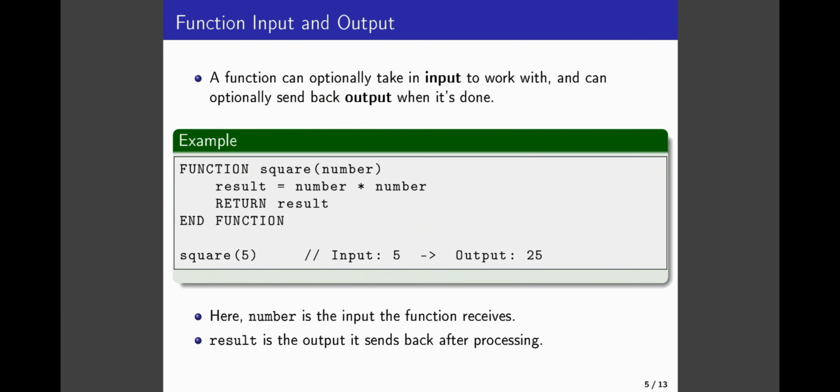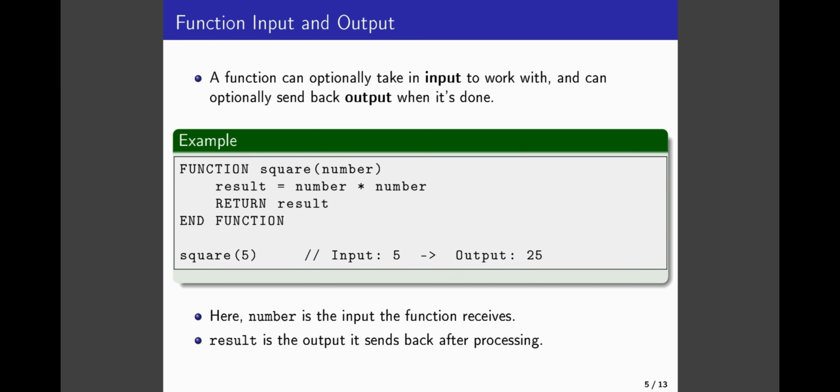Now, how do input and output actually work inside a function? A function can optionally take in input to work with and can optionally send back output when it's done. We define a function called square, which takes in a parameter called number. Inside, it calculates number times number, stores it in a variable called result, and returns that result.